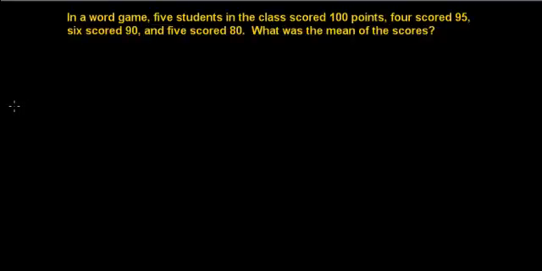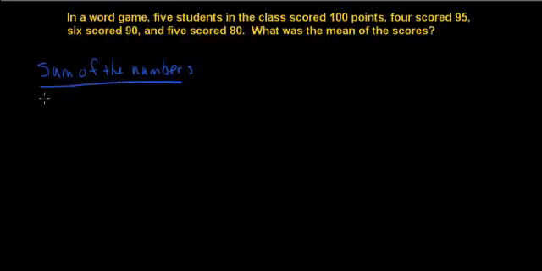So when we're working with problems in which we have to find the average, what we have to remember we're doing is finding the sum of the numbers, and we are dividing that by the number of numbers.